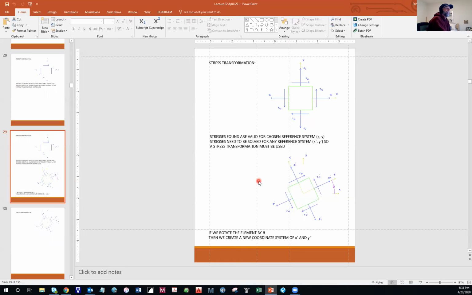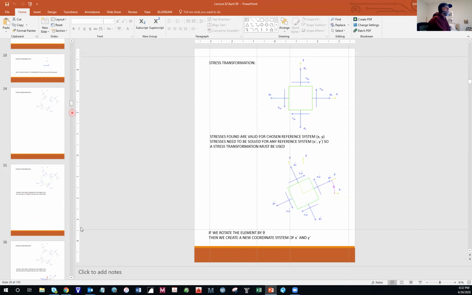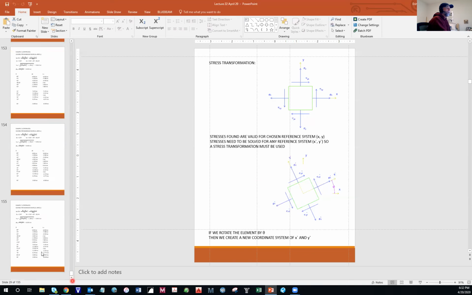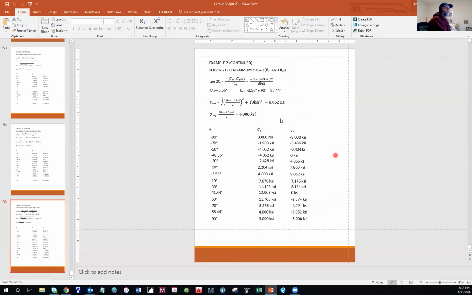And when we rotated it through the whole spectrum from minus 90 to positive 90, we were able to locate where the maximum compressive stress is, the maximum tensile stress is, and the maximum and minimum shear stresses are. And so again, I get back to, okay, so what? What's the big deal? Why is that important to engineers? So if I go back to the very last slide where we have this whole presentation of all these.